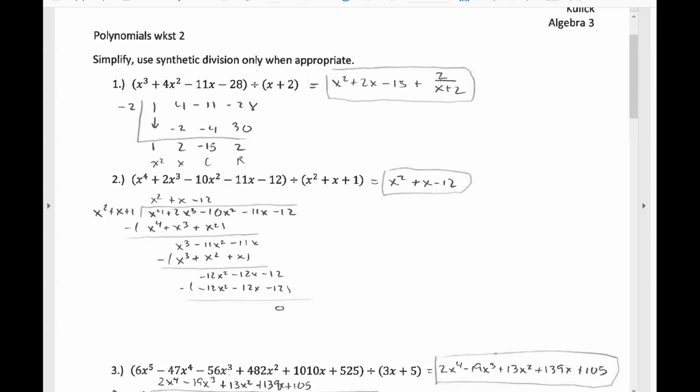All right. Number two is x squared plus x minus 12. Notice in that one you had a remainder 0, so that's it. You don't have to do plus the remainder over the divisor because we had a 0 remainder, right?